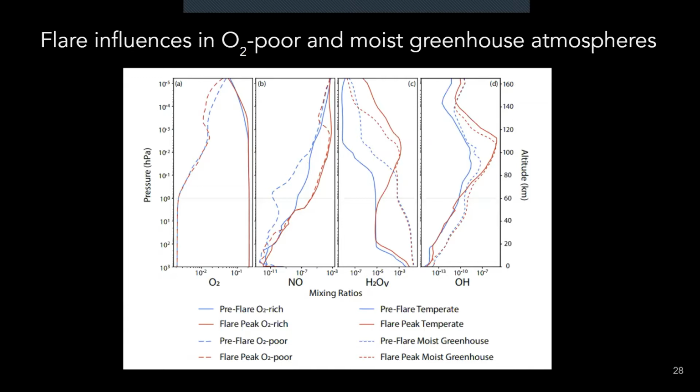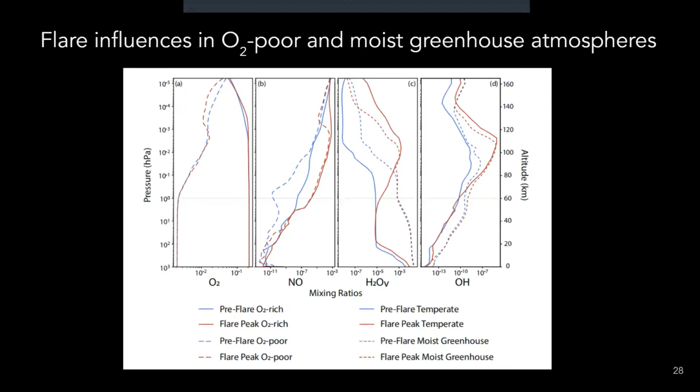Well, interestingly, as shown here in panel B, the flare peak NO production for both the O2-rich and the O2-poor atmospheric compositions are comparable, despite them having very different O2 concentration and NO concentration during the initial baseline pre-flare state.